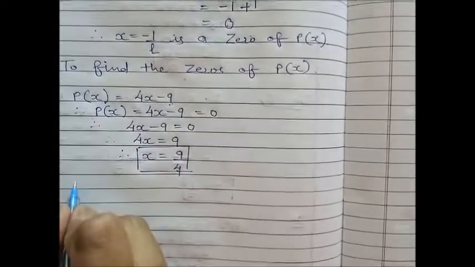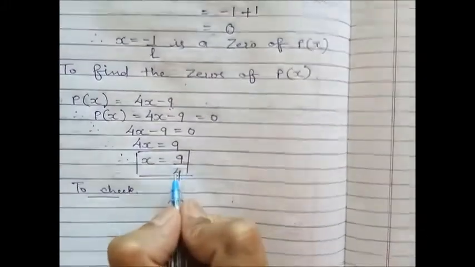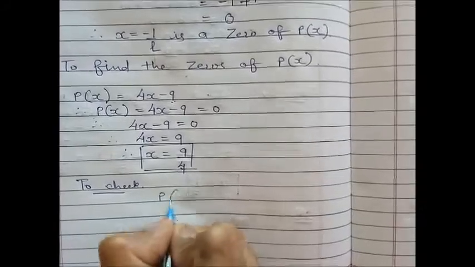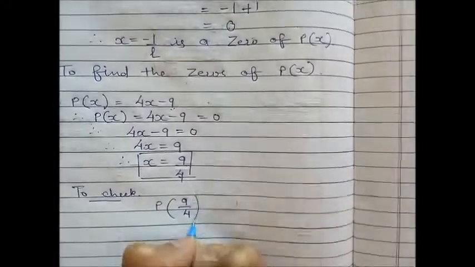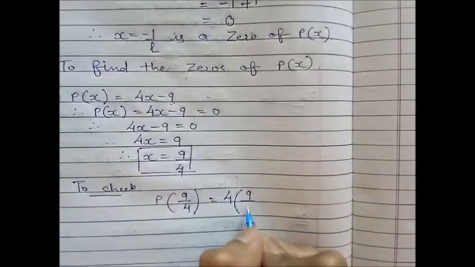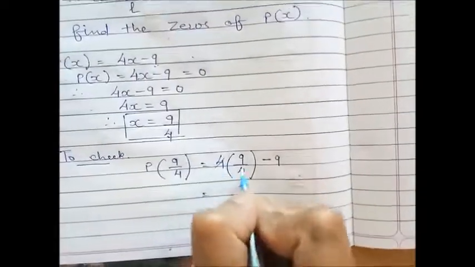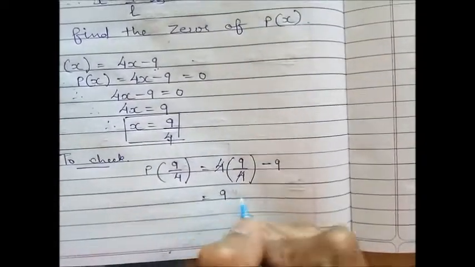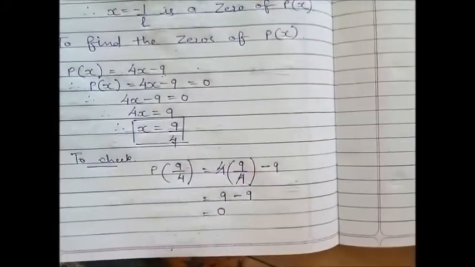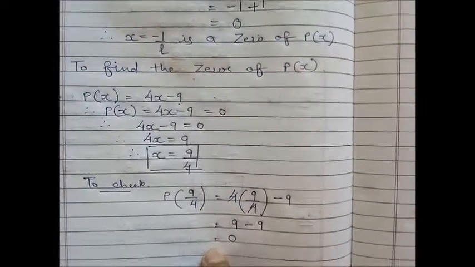If you want to check, that is to verify whether this is a zero of this p of x or not, p of 9 upon 4 is equal to 4 into x, that is 9 upon 4, minus 9. Now see, 4 will be cut, so 9 minus 9, that is 0, right? So this way you can check also and you can find the zero of the polynomial, right?